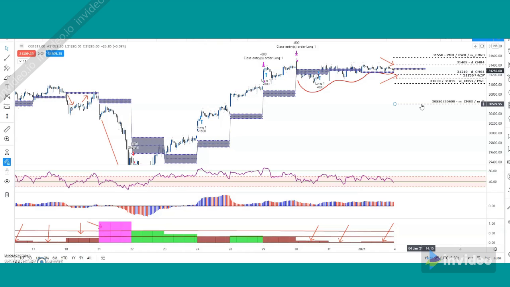Apart from this, you can also notice the congestion from December 30 onwards.